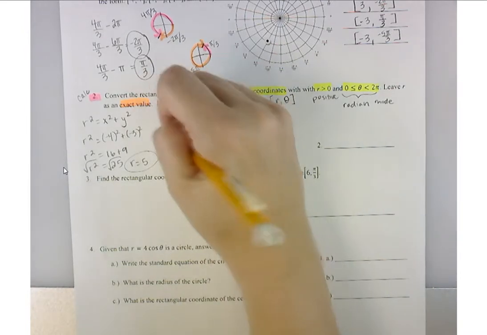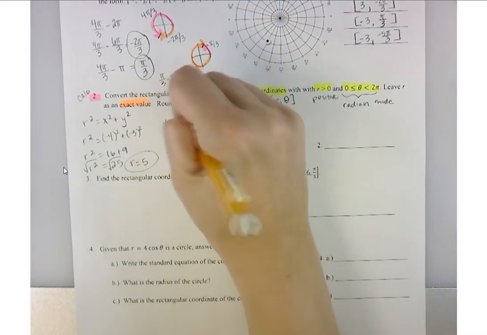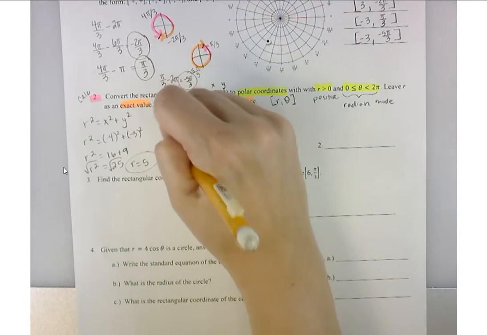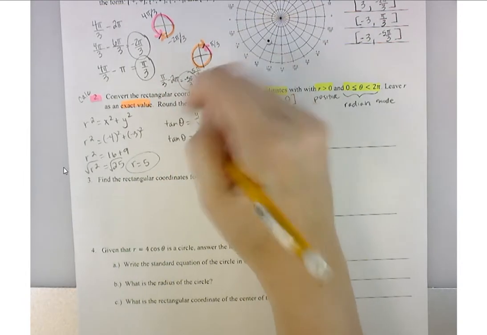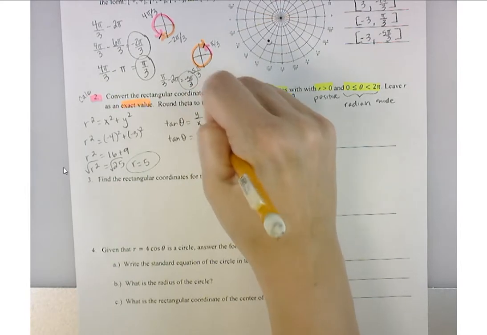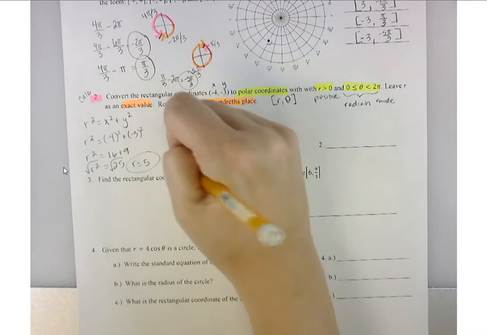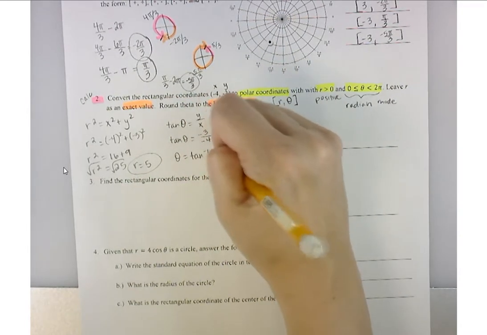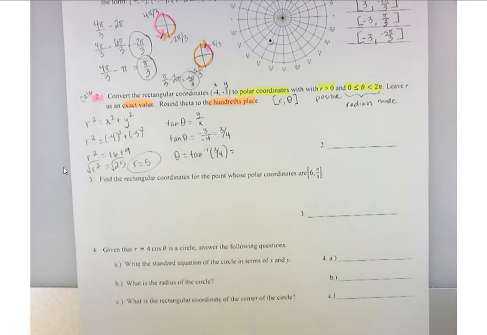Now to find theta, you're going to use the tangent of theta equals y over x. So your tangent of theta would be negative 3 over negative 4, which is just positive 3/4. Then to find theta, I'm going to do my tangent inverse of 3/4.